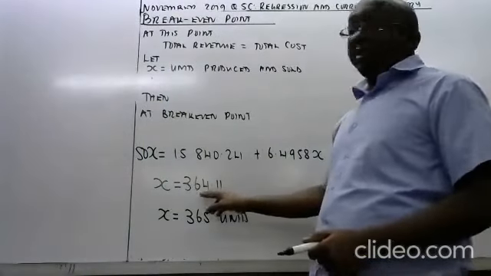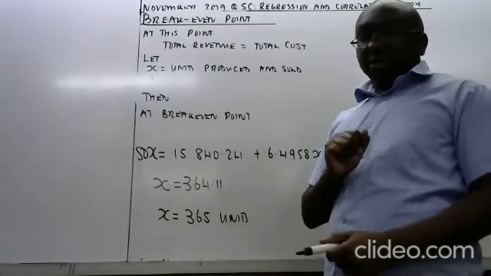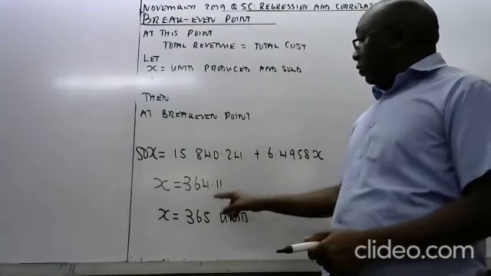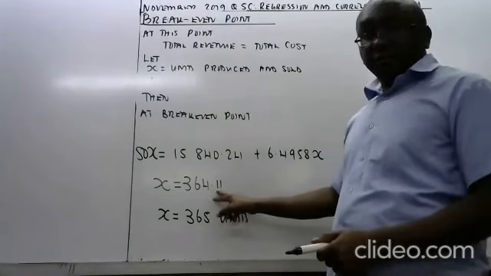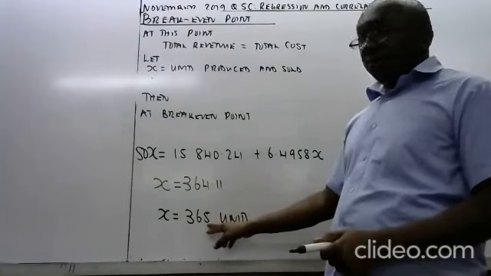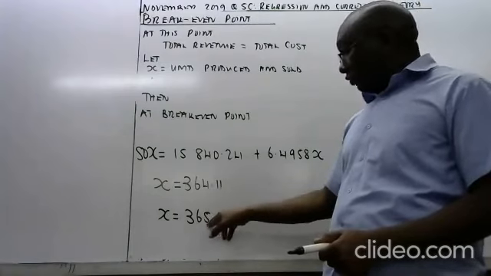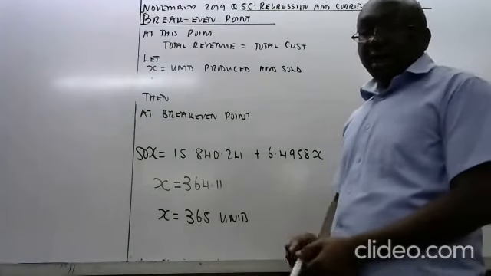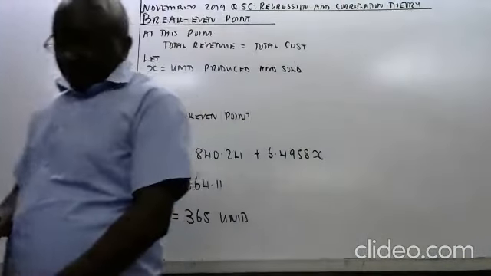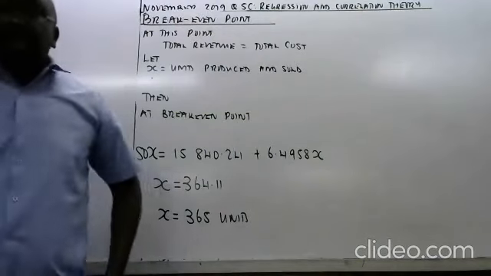Ama you round down to 364. That is okay in academics. But remember, this is a professional course, so practically you cannot have a 0.1 unit. So it must be the fifth one, because the fourth one will not be enough. You require more than 4, so you go to 5. 365. So all the 3 are acceptable. And if we are okay with that, I would wish to proceed to the next question. Are we okay?